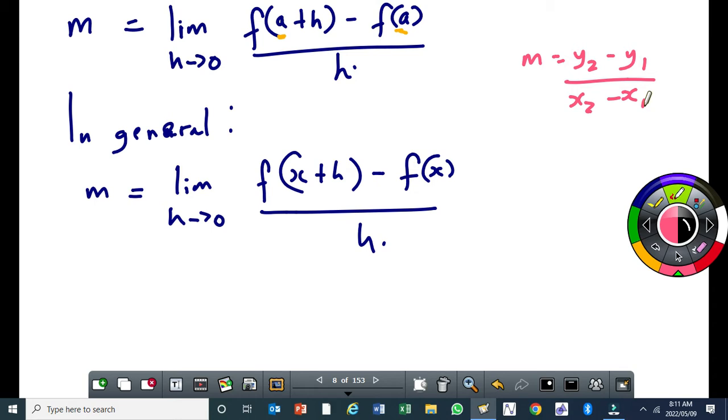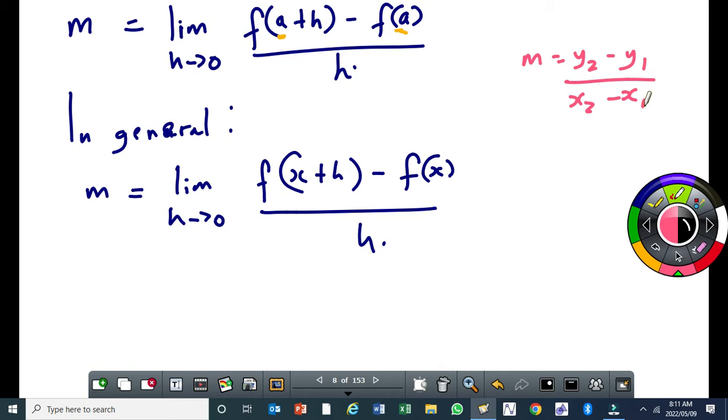So on Saturday, I derived this formula up to here. Please be aware that this formula is for calculating the gradient of a function at any point. I'm talking about a nonlinear function at any point.